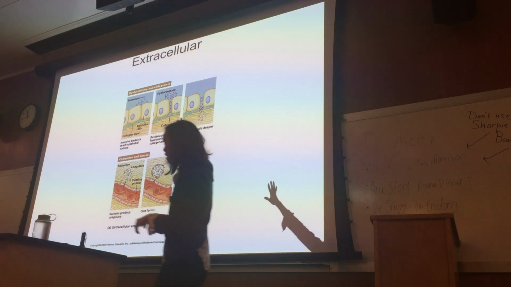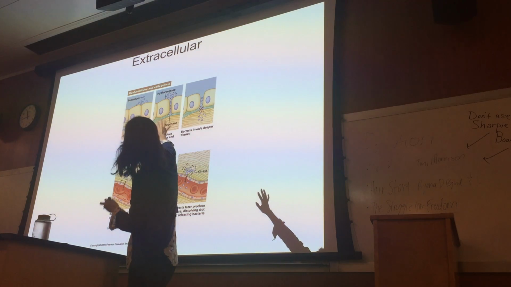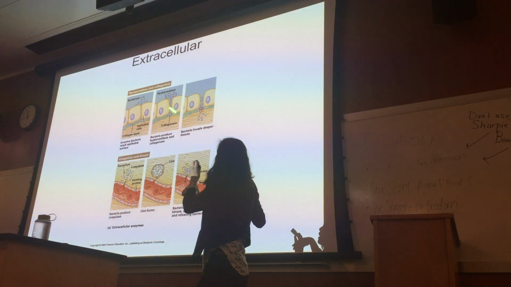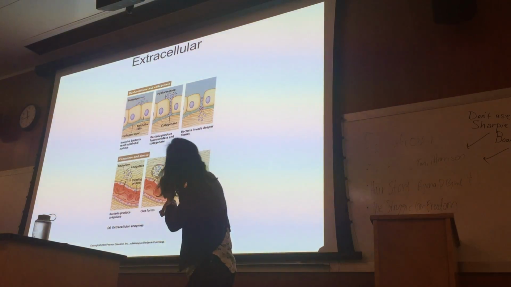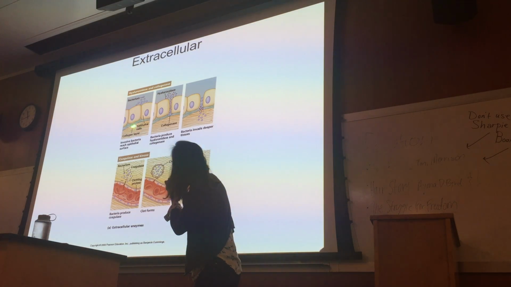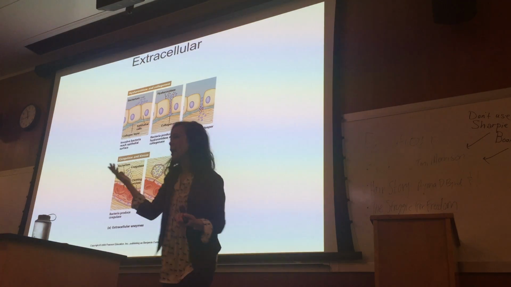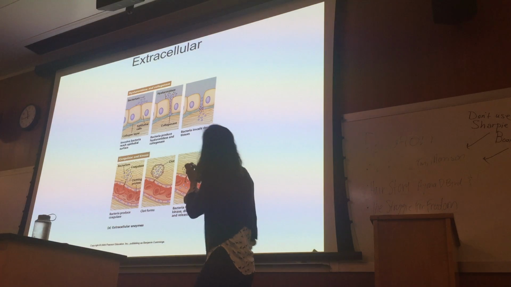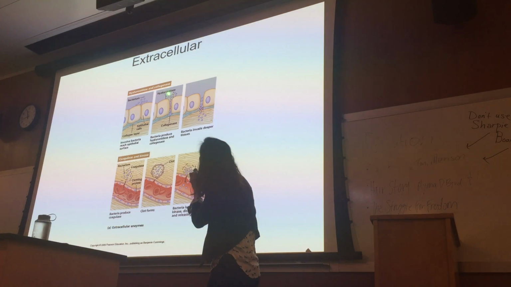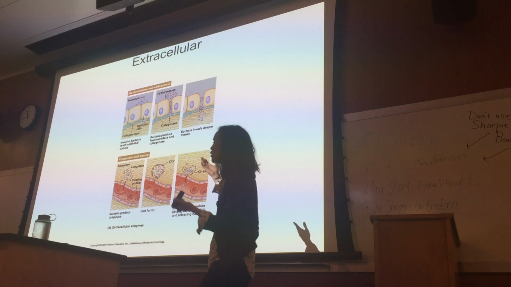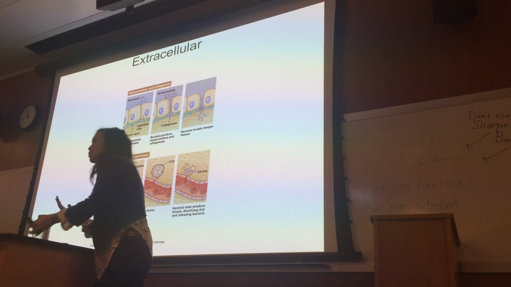And then collagenase and hyaluronidase are both enzymes that affect either collagen, which is a protein that you find in your connective tissue, or hyaluronic acid. And hyaluronic acid is actually a sugar, though.